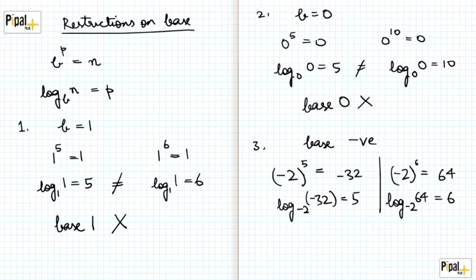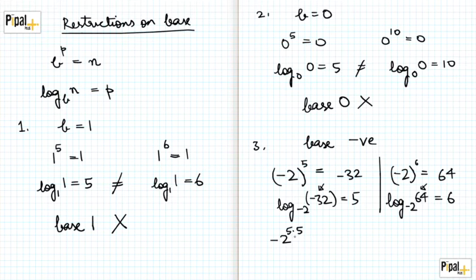So you notice the inconsistency: for every odd power, the number whose log I'm taking will be negative, and when I take the power even, it will become positive, right? The problems will start to arise. The problem is not just in this flip-flop of negative and positive. The problem will start to arise when, let's say, I have something like minus 2 to the power 5.5.